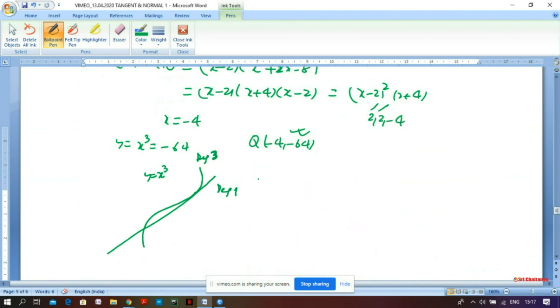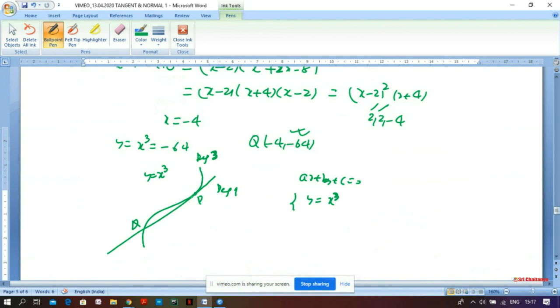So if you solve some ax plus by plus c with some cubic, say y equal to x cubed, then what will happen is that you will get a cubic in x. Now that cubic will have 3 roots. Now the intersection points are P and Q. If the roots are distinct, it means this line meets the curve in 3 different points.